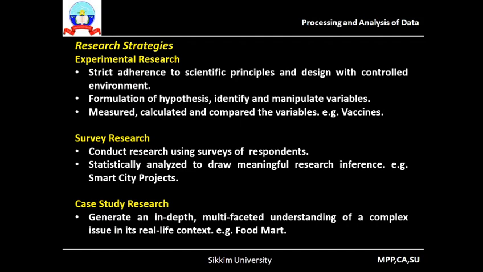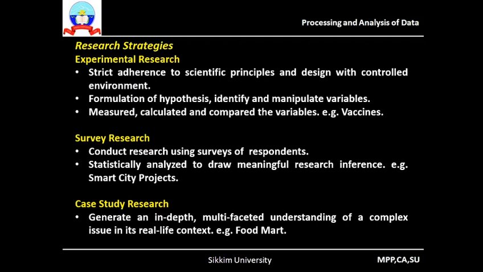For example, if you are developing a drug for an ailment, first you run the experiment in a controlled environment and then you see how the drug behaves, and eventually, if it is successful, you generalize it to the public. So, this is the approach that is adhered to in case of experimental research.